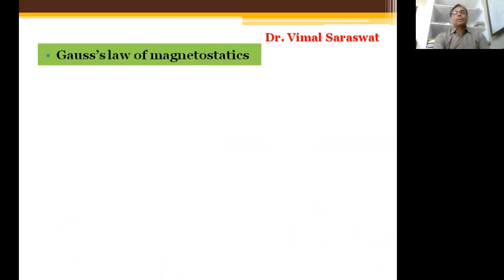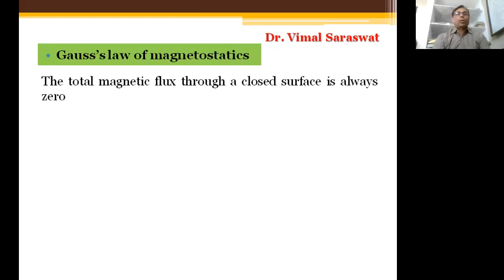Now Gauss's law of magnetostatics. According to this law, the total magnetic flux through a closed surface is always zero. If B is magnetic induction, then phi B is equal to surface integral B dot ds is equal to 0.